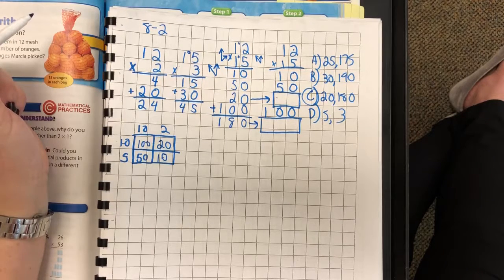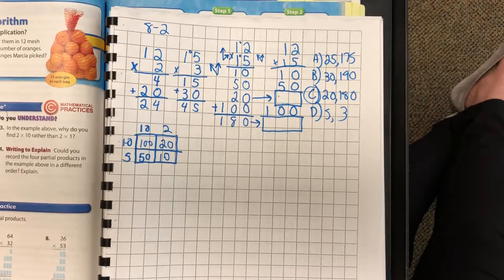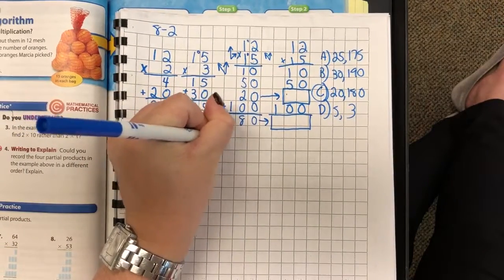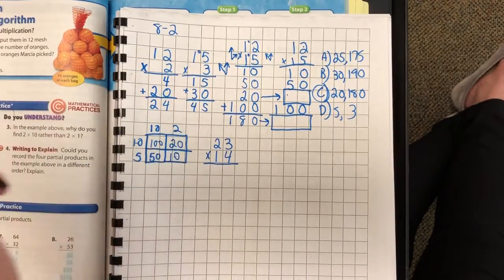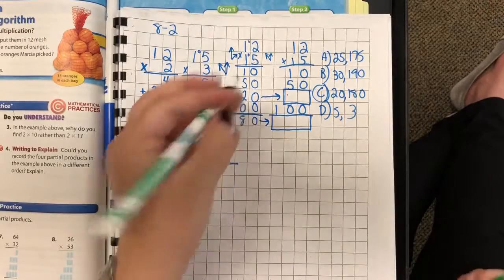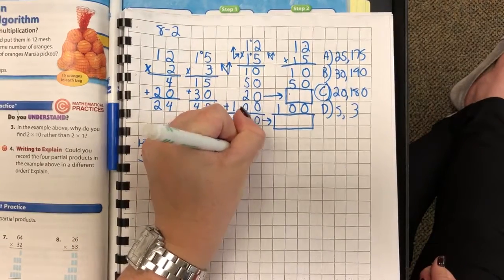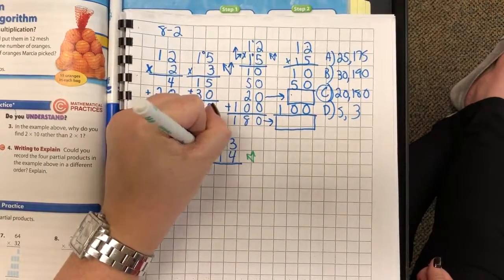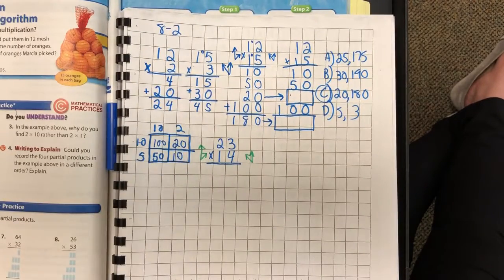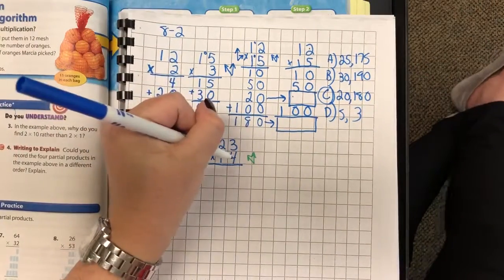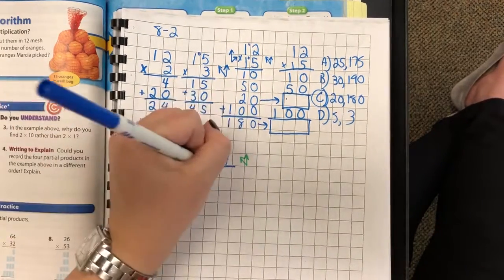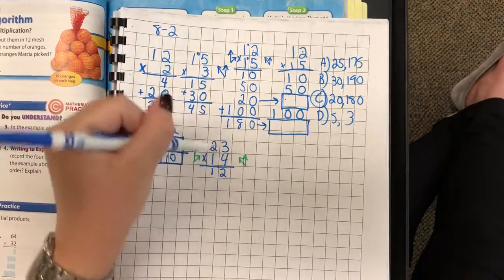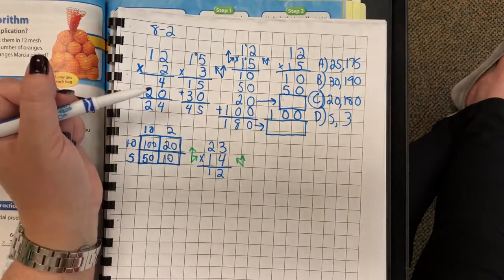So let's practice some more. How about 23 times 14? So the rule is on both sides, first I go up and then over, and then I go over and up. So 4 times 3 is the first thing I do. 12. 4 times 2, but it's not a 2. 20.